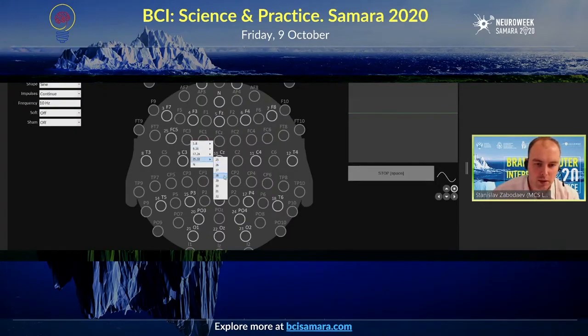And let me show you how it's done, from the 25th until the 32nd. We put our anode at C3 and we surround it with cathodes.